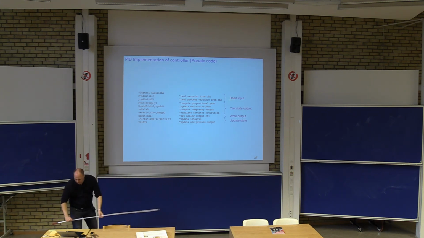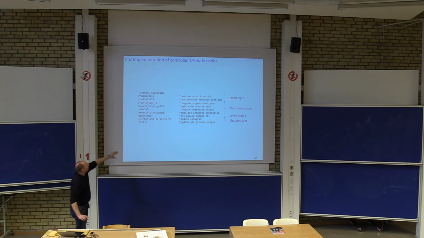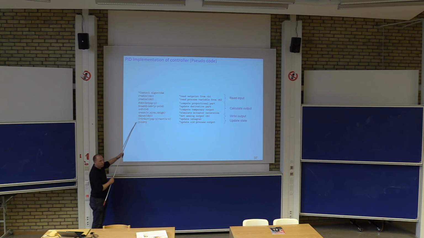If we now divide this control task into two parts, we will have this first part as a high priority task, and this as the low priority task. So what is the deadline of this? Doing the update state needs to be done before we execute this the next time, right? So the deadline for doing this is the period of the task.